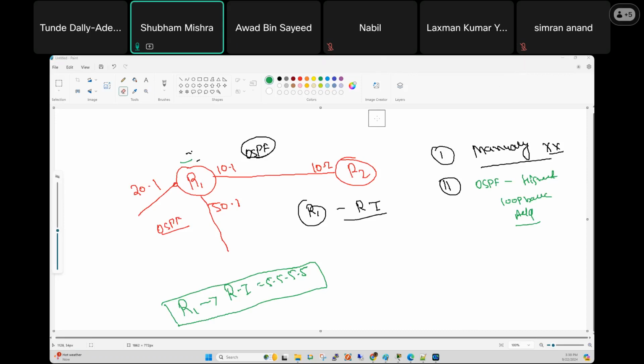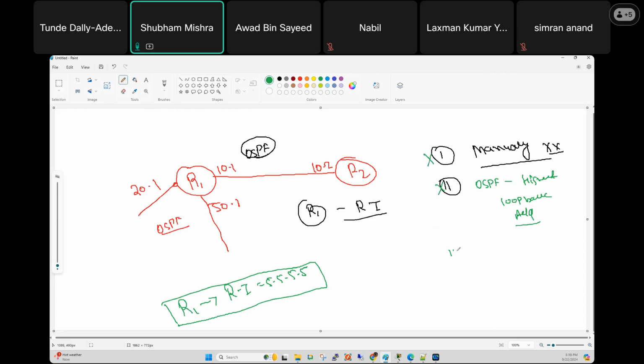Now it's visible? Okay. So what I'm telling is, for example, I do not configure the loopback here. Then what will happen? On this router, I do not configure the router ID manually, and a loopback is also not there.